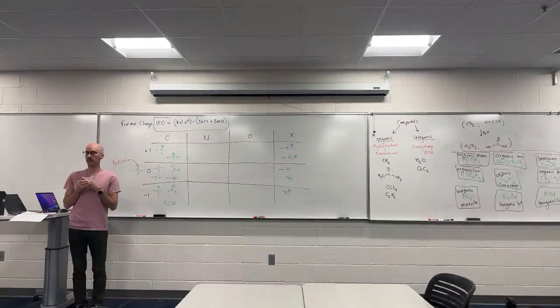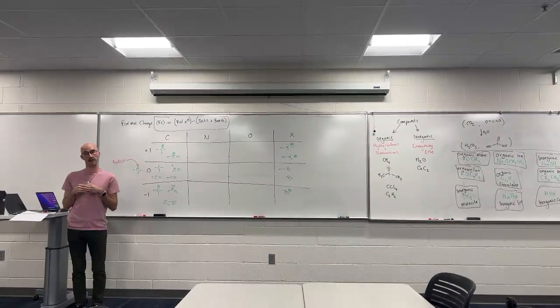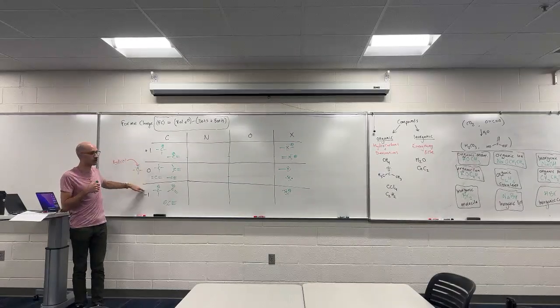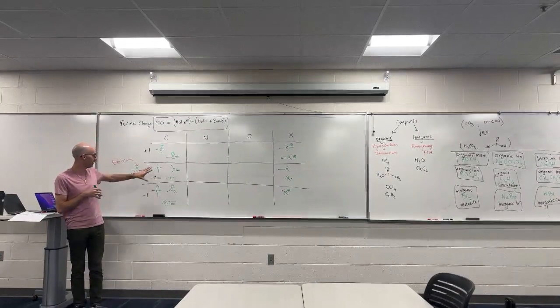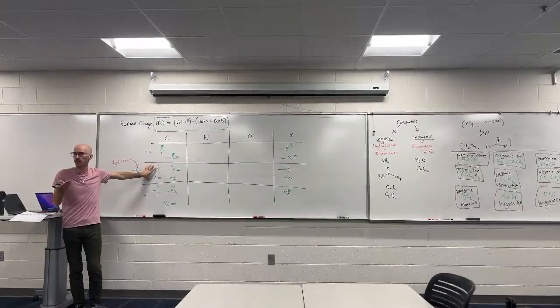So I want you guys in your groups to try and propose bonding patterns for nitrogen and oxygen that satisfy their +1, neutral, and -1 formal charge states. I can tell you that you're not going to have more than 4 possibilities.